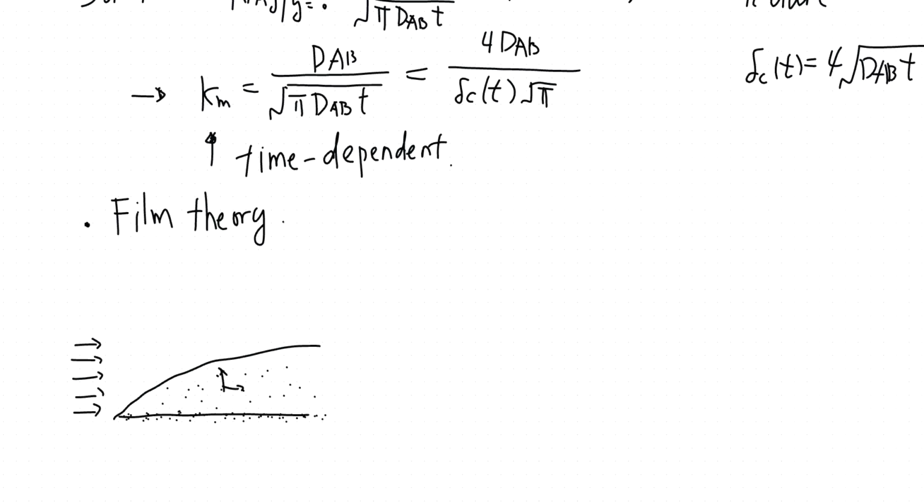We want to treat everything above the boundary layer as well mixed, and within the boundary layer, we approximate that it is dominated by diffusion.